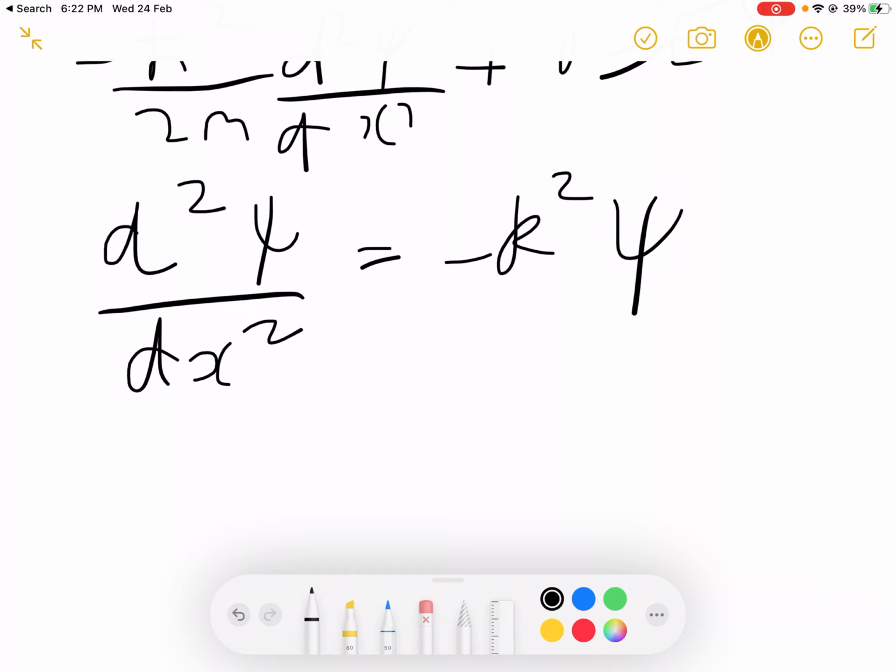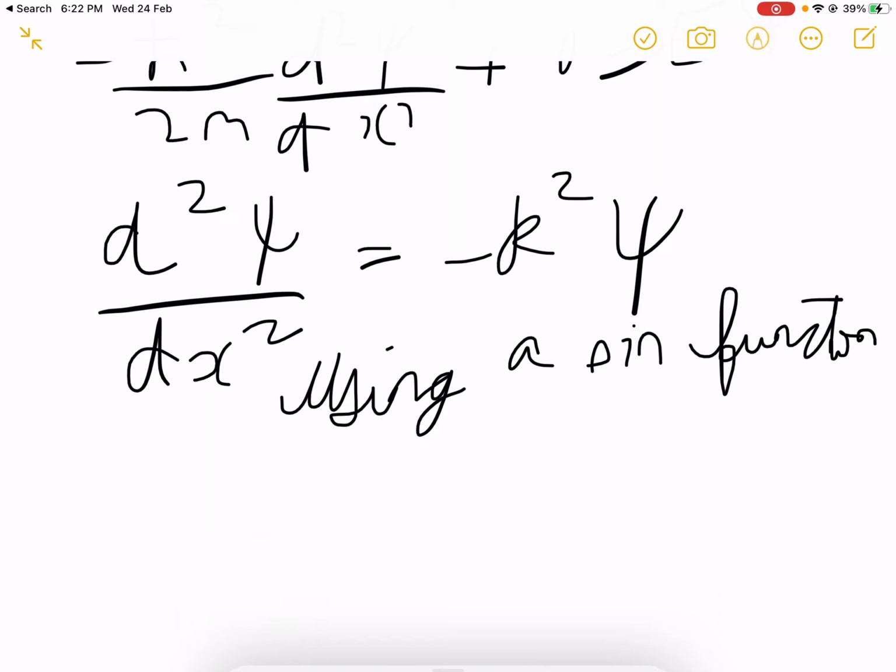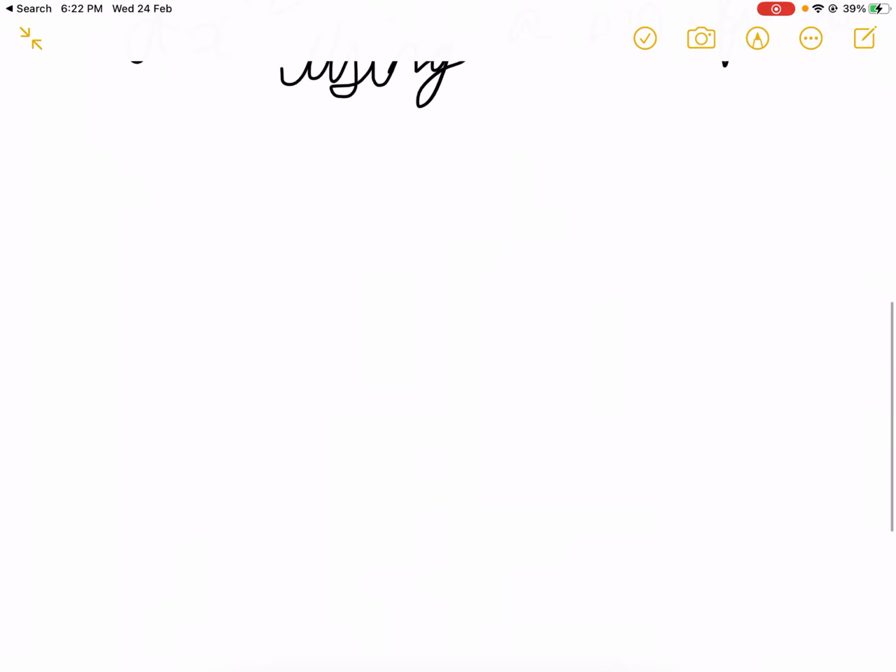Now we are going to be using a sine function, or a sinusoid, whatever you want to say, and then I can just put in that sine function.